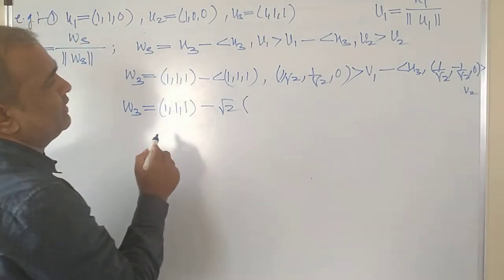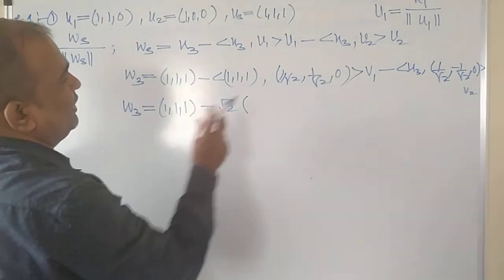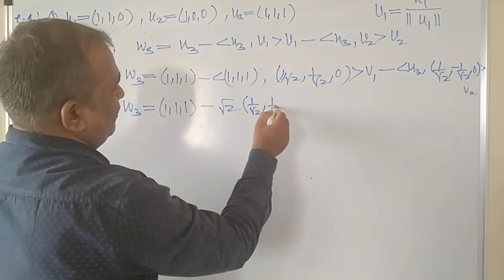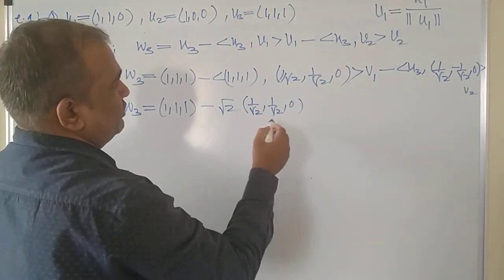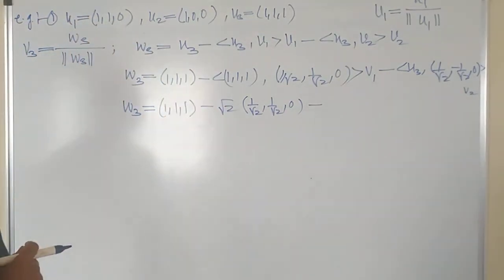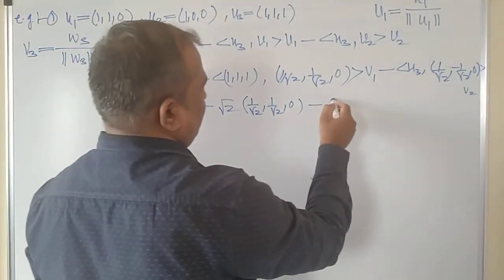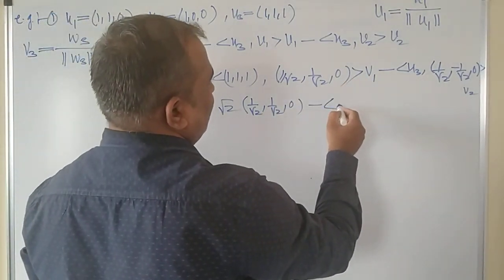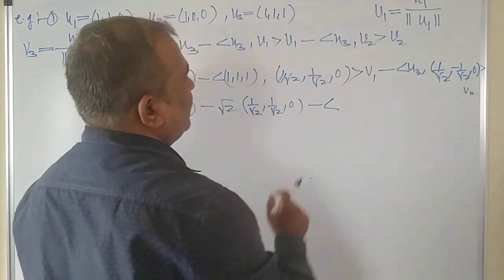So the inner product will be giving you only root 2 into V1. Now I need to write here V1. So what's the value of V1? This is V1. So 1 by root 2, 1 by root 2 and 0 minus. Now the inner product of U3, I will write it here now. So what is U3? U3 is a triple one. Or shall I do this multiplication? Yes, we can do it.